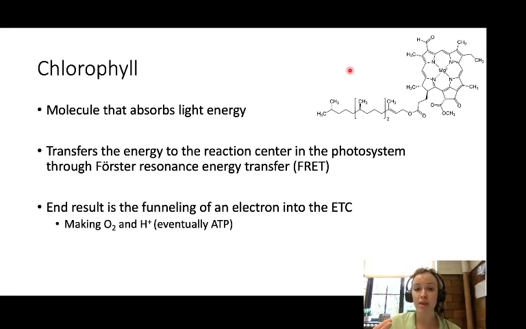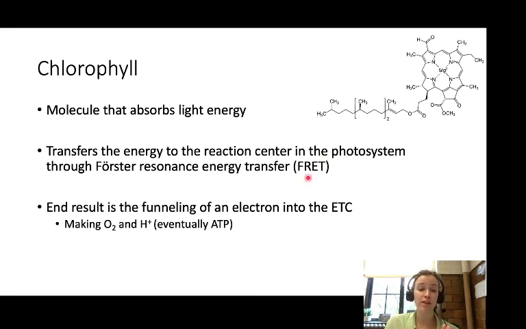Now, the wavelength of light that it emits is going to be less energetic than what it absorbed. So it absorbs energy at a certain wavelength, and it emits the energy at a lower energy wavelength. Then the FRET happens when that exact wavelength of energy that was emitted is absorbed by the reaction center. I think that's some pretty cool stuff.